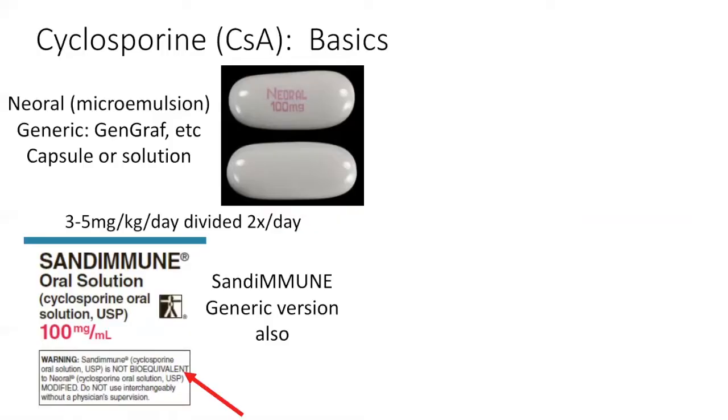And I just point this out because, as this arrow points to, because of these different formats, they're not considered equivalent. So even though they're both cyclosporine, if you usually get one format, you shouldn't just switch to the other format based on what's available at the pharmacy, because they will have different absorption and different levels of the drug exposure to the body and may have different effects.